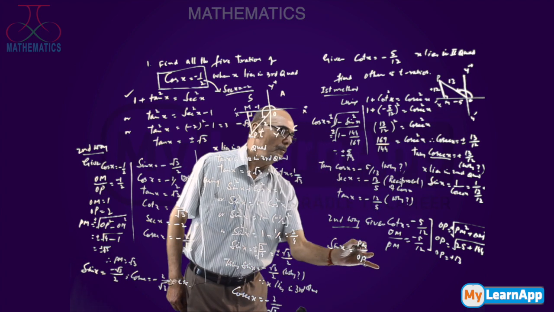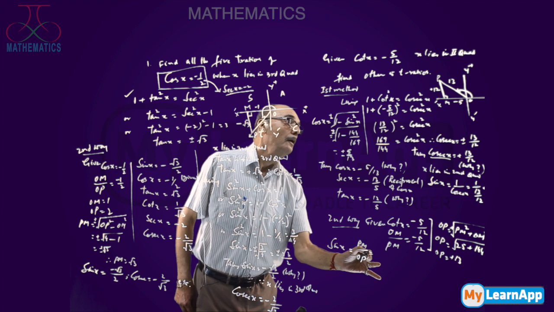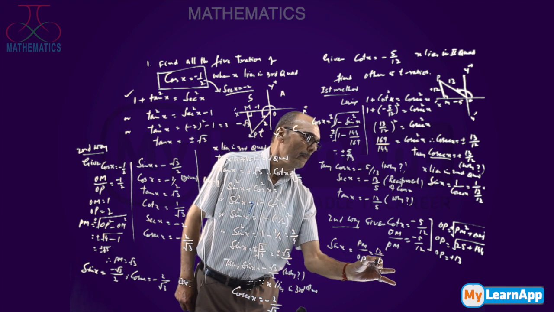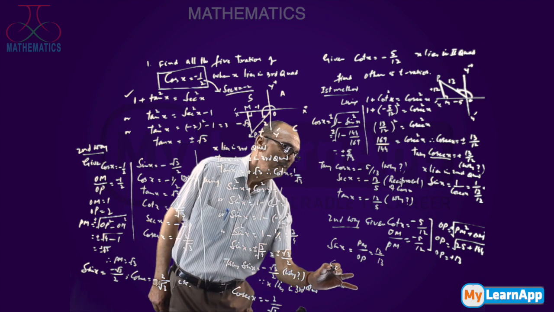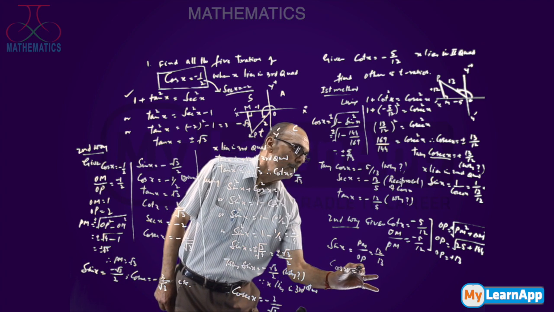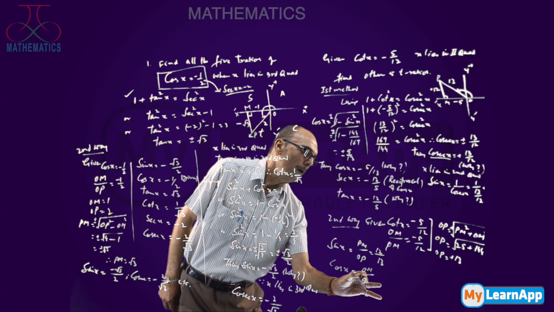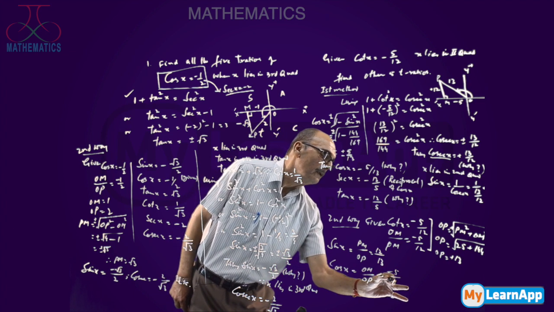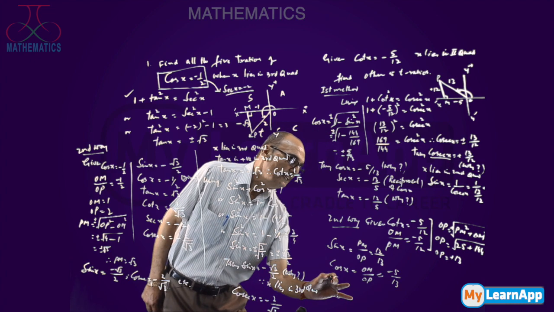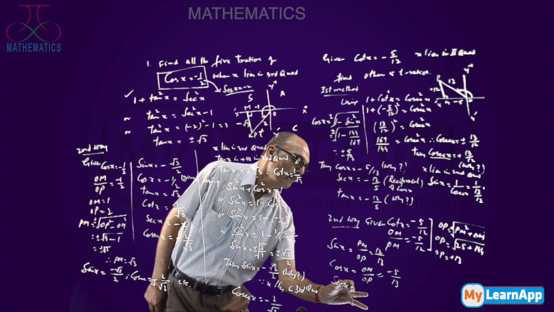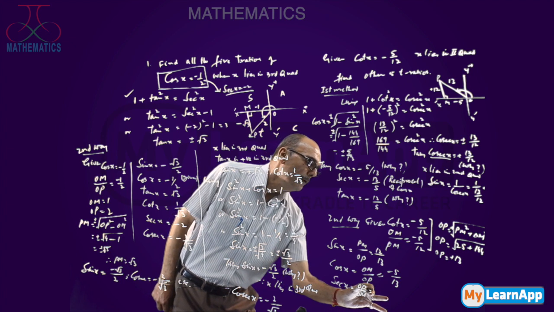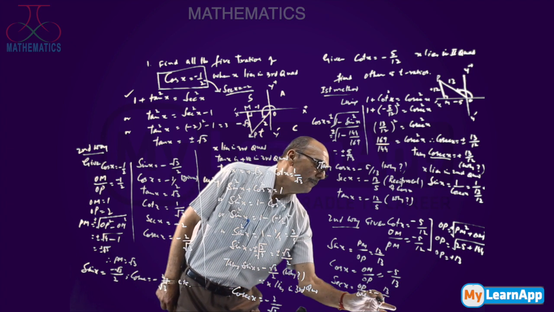So sin x is equal to 12 by 13. Cos x is OM upon OP, this is minus 5 by 13. Secant x is OP over OM, minus 13 by 5.